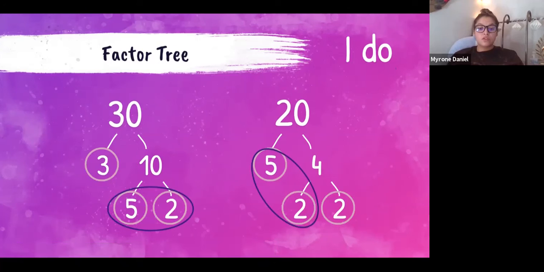Those are the common factors, but you have to multiply them together, so it's going to give you 10. 10 is going to be the greatest common factor between these two numbers, and I'm going to show you why.